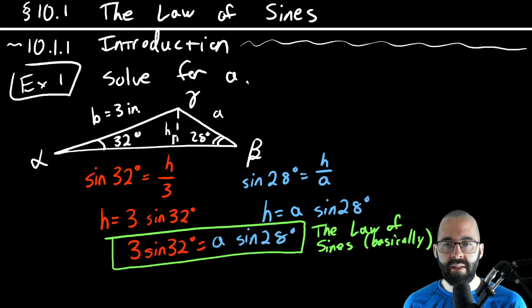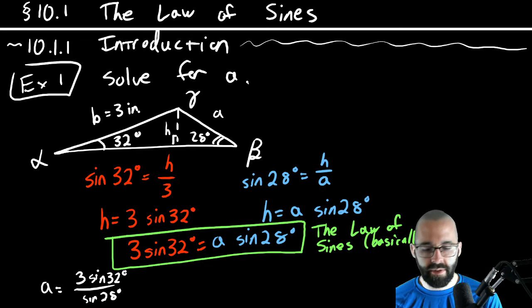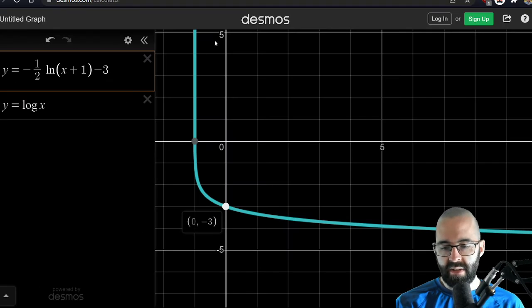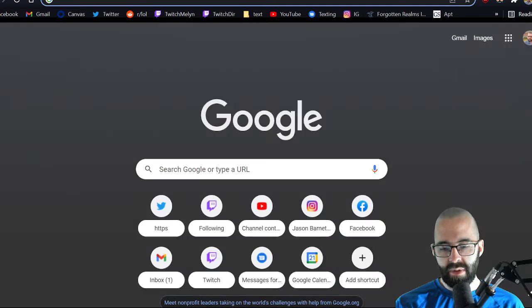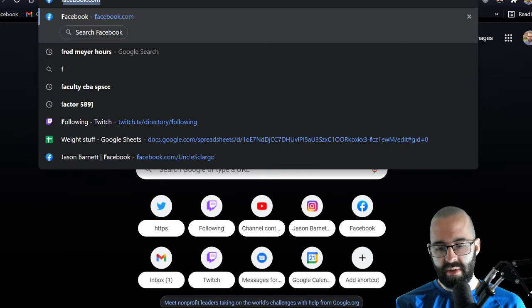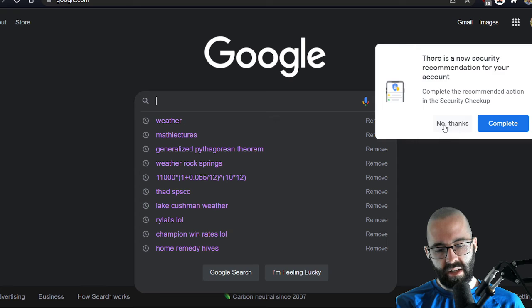How do we solve for A? Divide both sides by the sine of 28 degrees. A is 3 sine of 32 degrees divided by the sine of 28 degrees. Like so. And you could approximate it. Desmos only takes in radians unless you do some other things. So you can also do this with Google. Google is going to be useful right here.